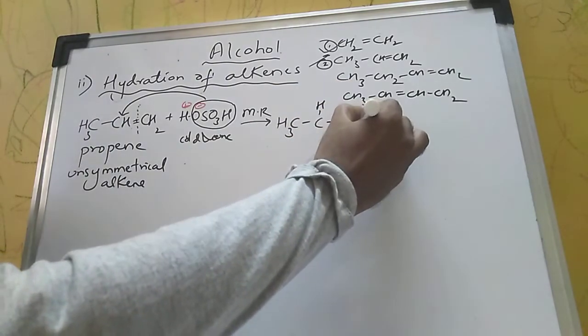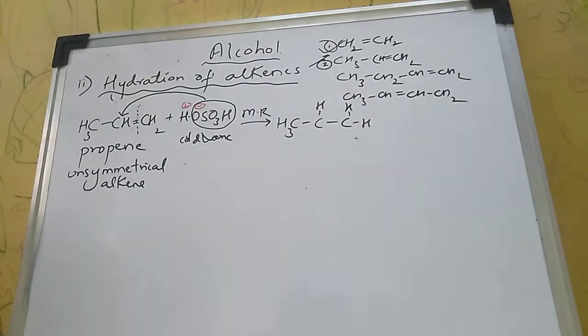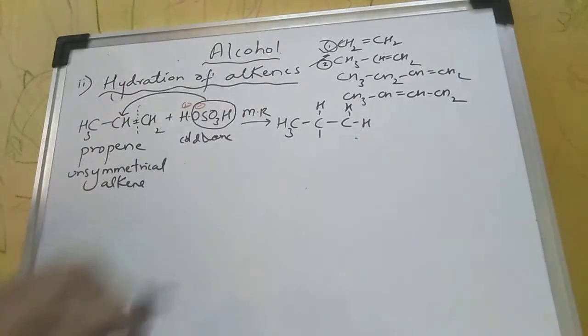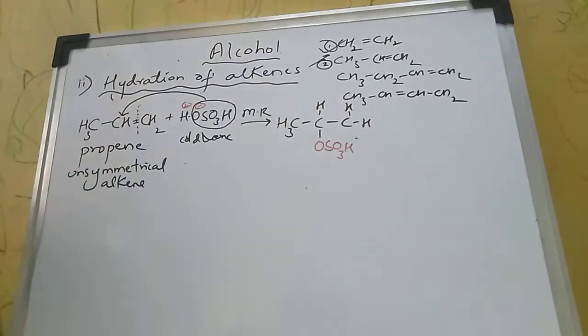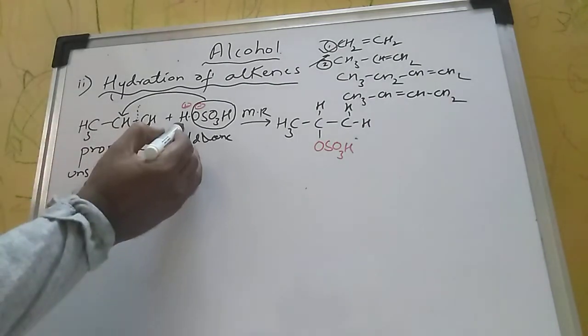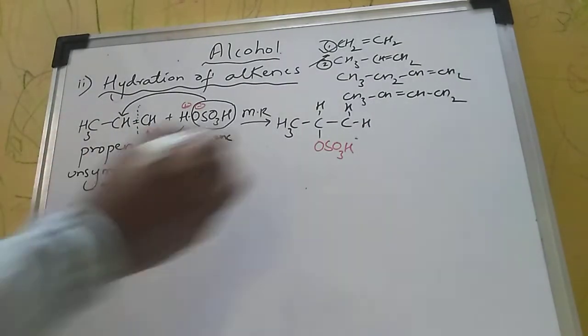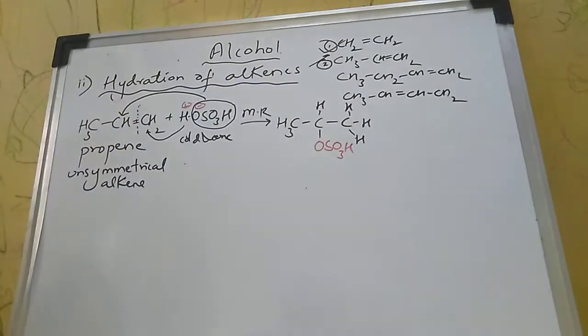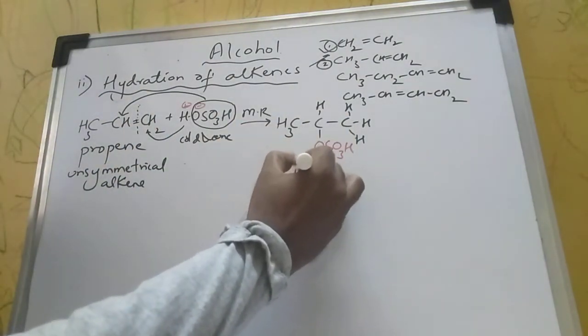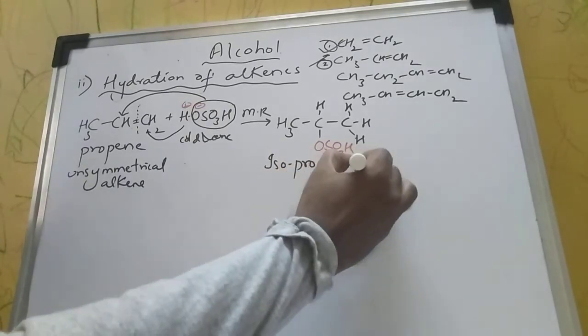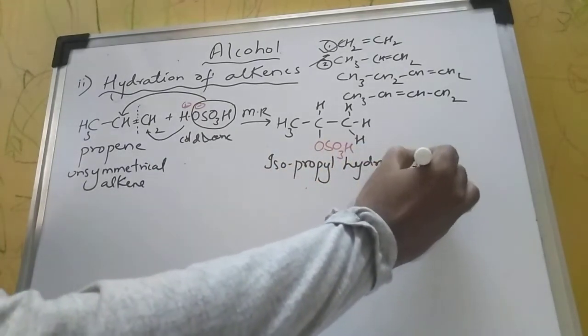The OSO3H part goes and attaches to the middle carbon atom. It carries only one hydrogen atom. The remaining H goes to the terminal one. So now OSO3H is in the middle, it is a branch. Branch means iso, three carbon atom is propyl hydrogen sulfate.